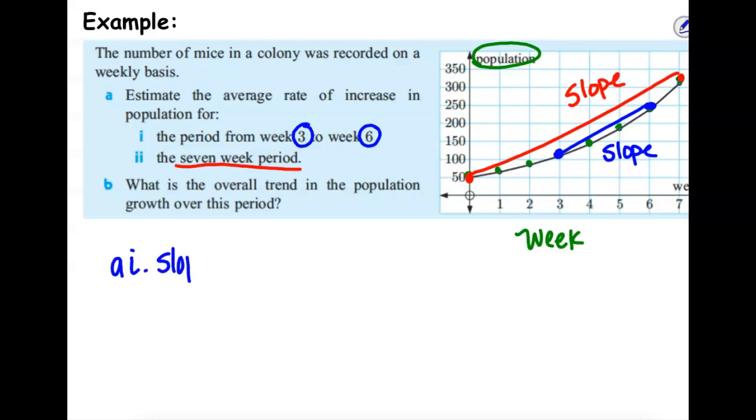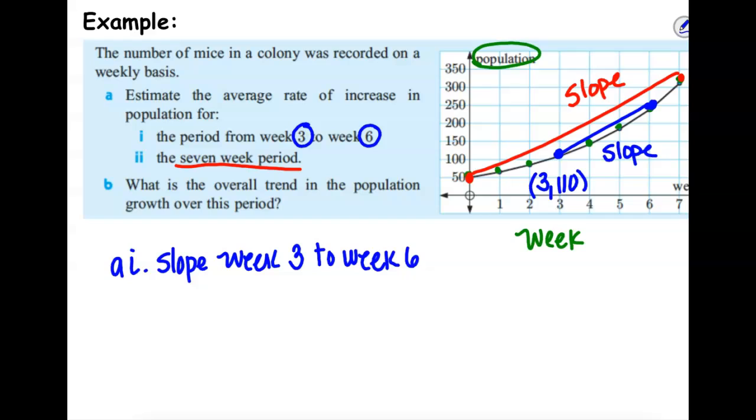We want to find the slope in that 3-week period from week 3 to week 6. So we're going to use the same ordered pairs. This is kind of a little bit of a judgment call. So we'll say that ordered pair is 3 weeks and 110 mice.